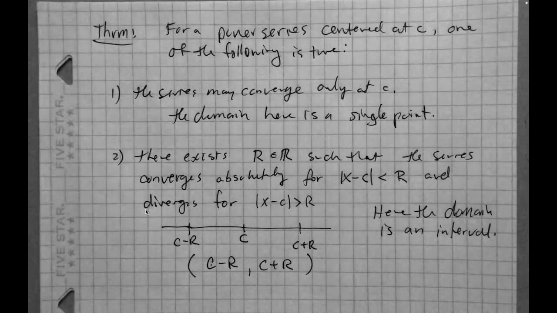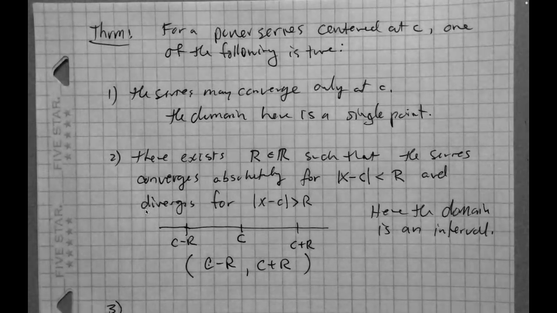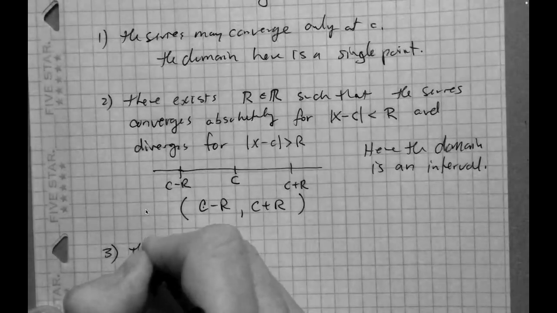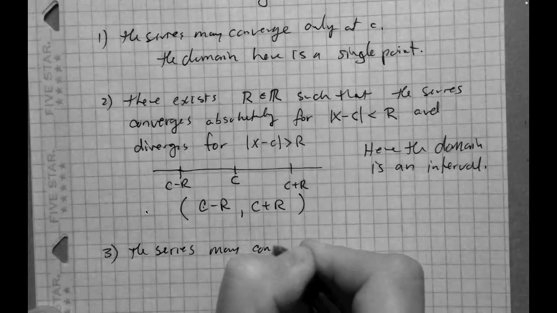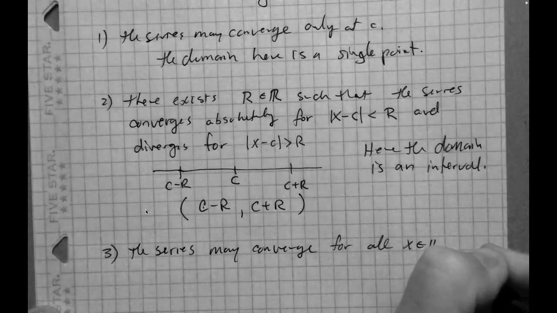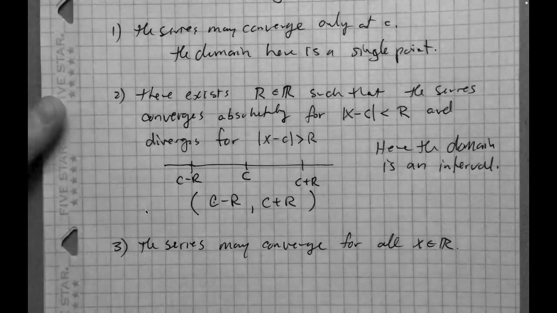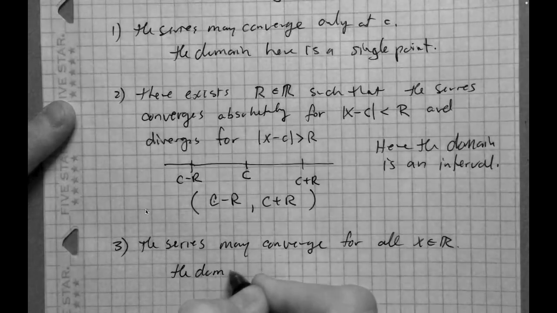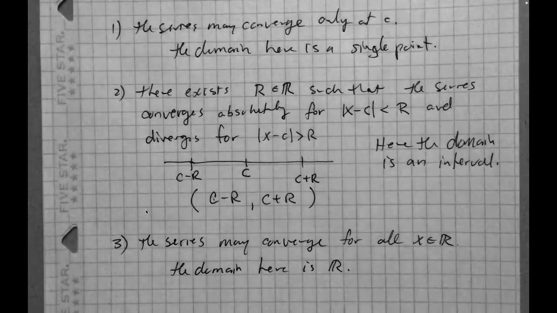Okay, cool. That's interesting. And then the third option is that the series will converge everywhere. So for all x and r, right? And so in this case, the domain here is all real numbers. Okay, so that's totally possible as well, right?